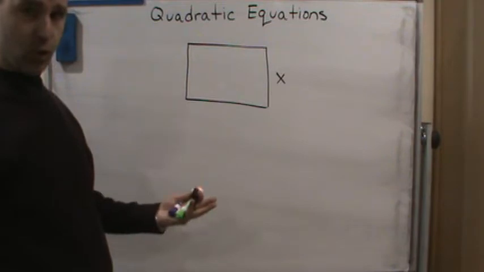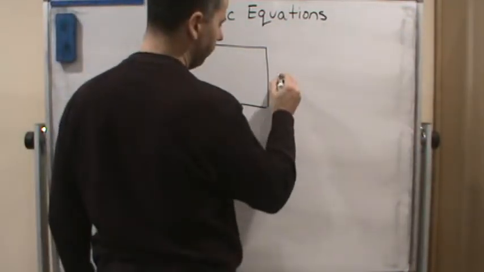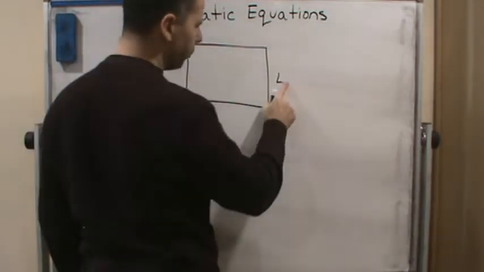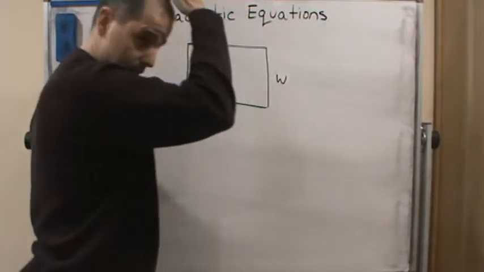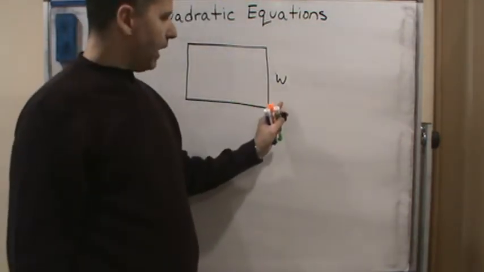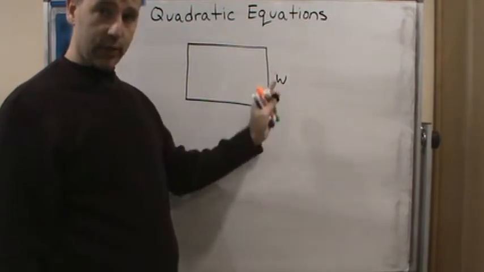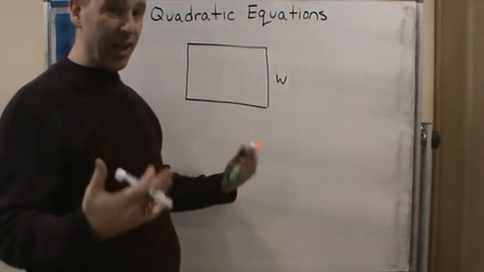Now, do you have to use X? No. I could use L, or maybe you just want to use W. Doesn't matter. You just have to decide which side you're going to start with as far as labeling it with a variable, because it's an unknown value.